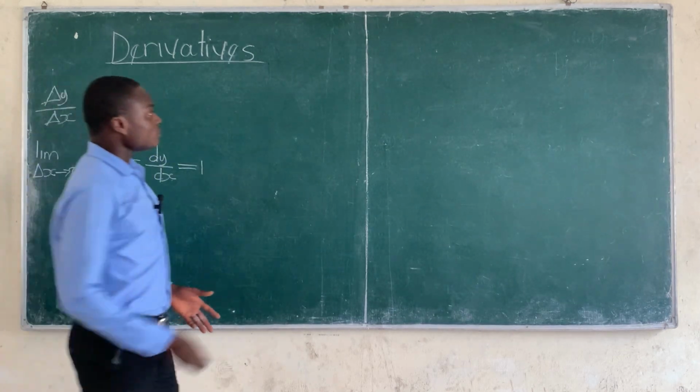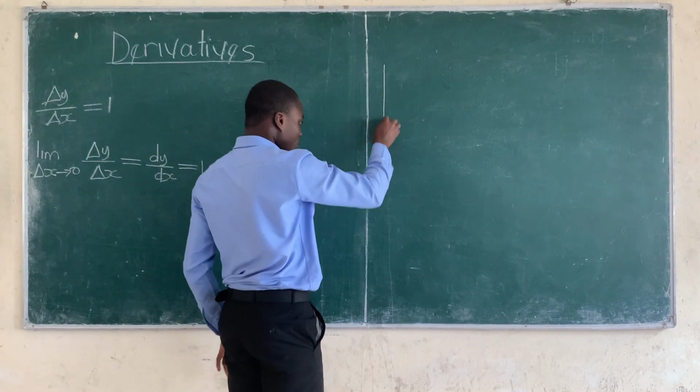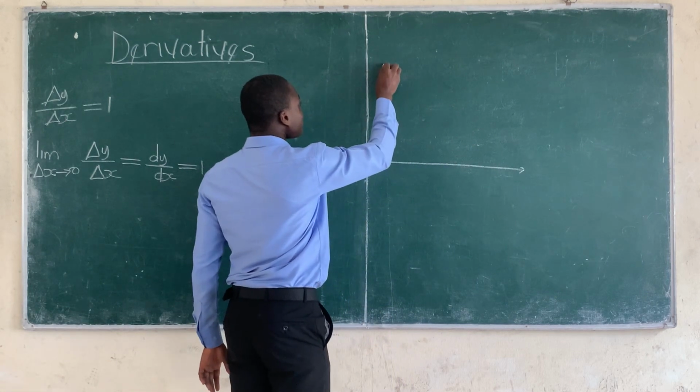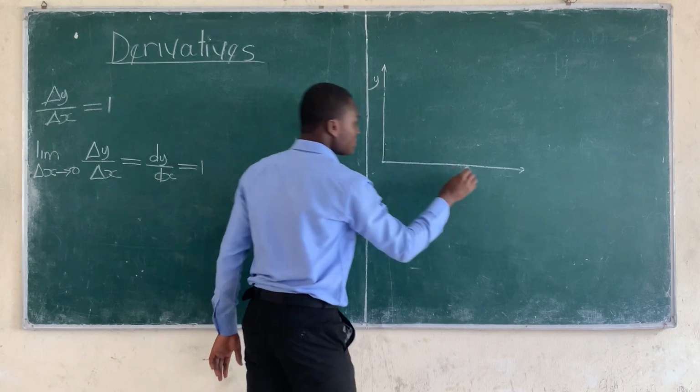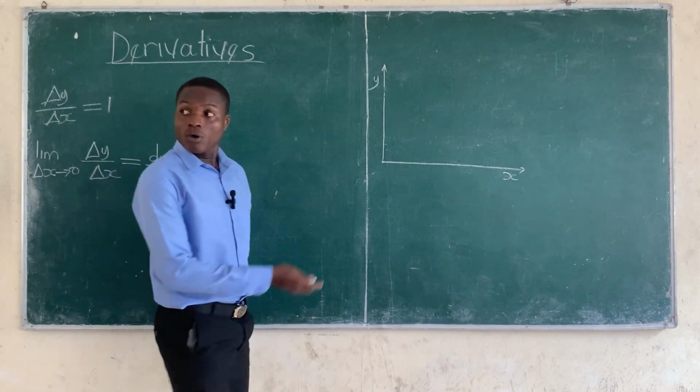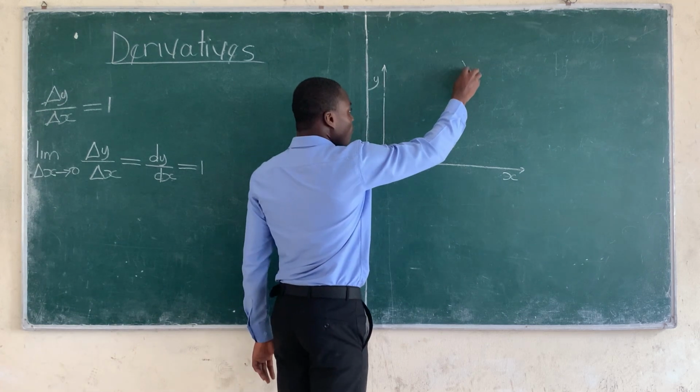Okay, let's move on. Suppose we have this again. We have this, and this is the y-axis and the x-axis. Now, what if we have a curve of this nature?